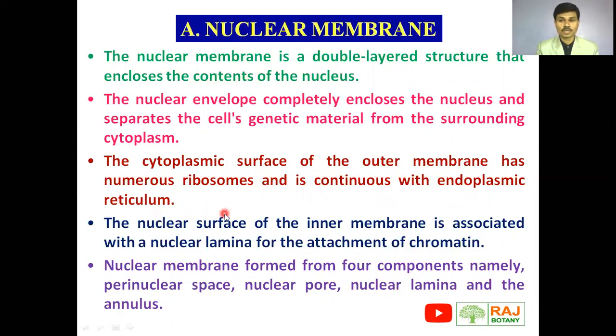A very important point: the outer nuclear envelope is continuous with the endoplasmic reticulum, whereas the inner membrane is associated with the nuclear lamina. This nuclear lamina also has a very important function which we'll see later on. The nuclear membrane is formed from four components: perinuclear space, nuclear pore, nuclear lamina, and the annulus.